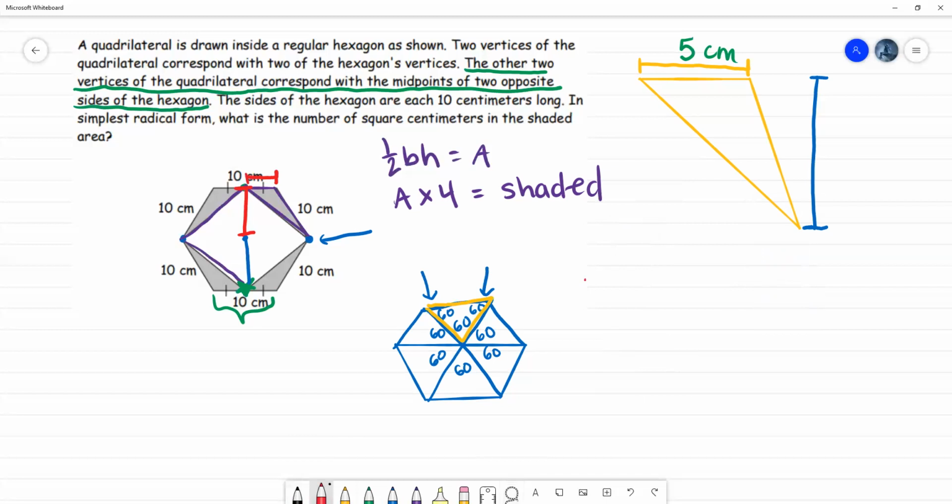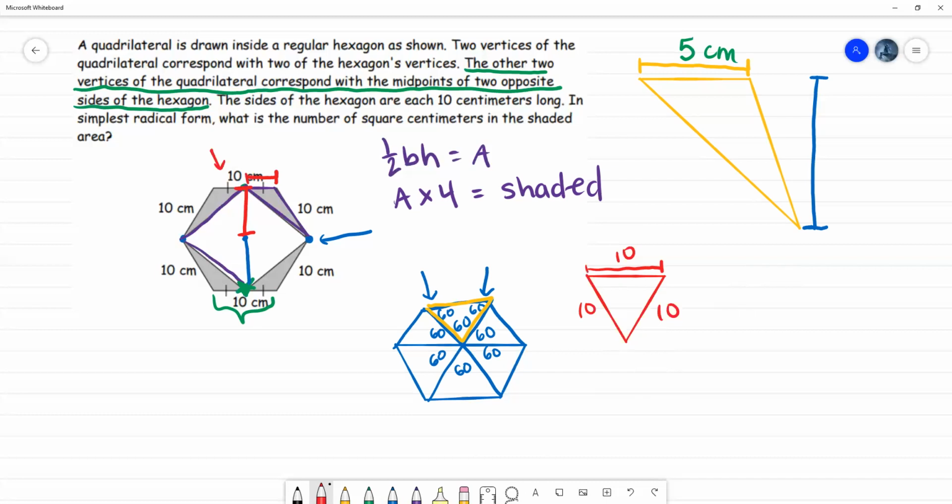Let me draw out the same triangle right here. Because it's an equilateral triangle, we can say that all sides are 10, because since one side corresponds to the measurement right here, 10, we can say that this side is 10, but we can also say that the other two sides are 10 because it's an equilateral triangle.